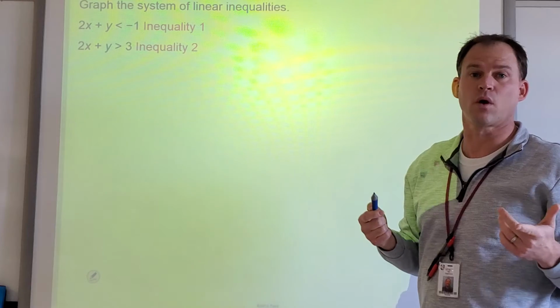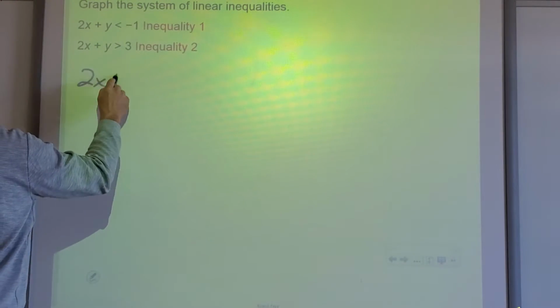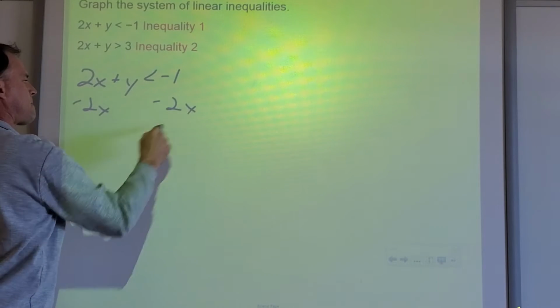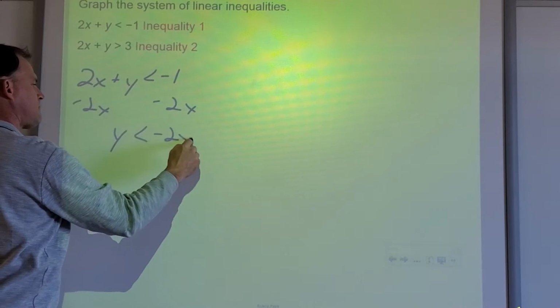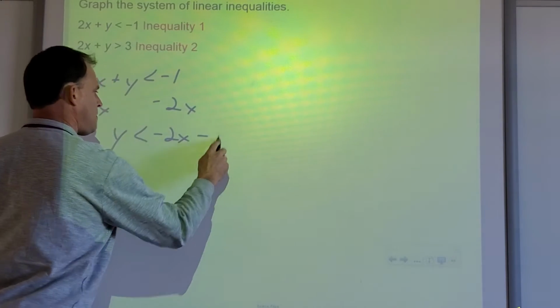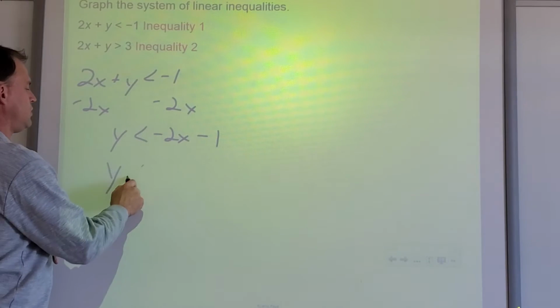No, we got a little bit of work to do. That's okay. Let's get y by itself. Do the same thing here, subtract 2x. I'm just going to do this real quick.